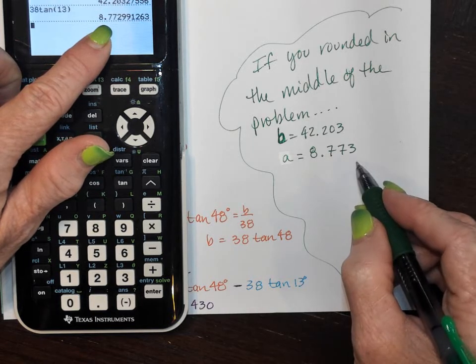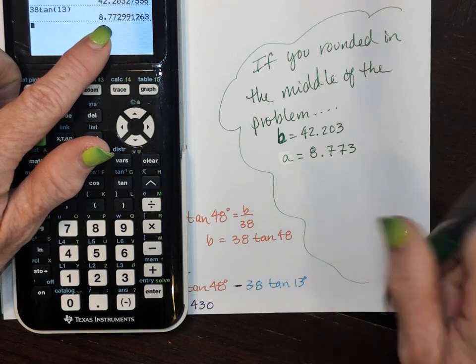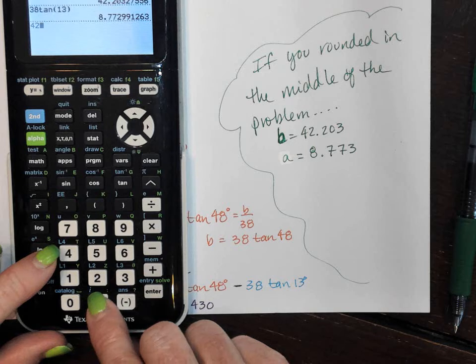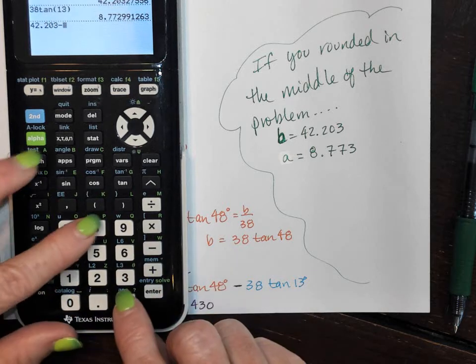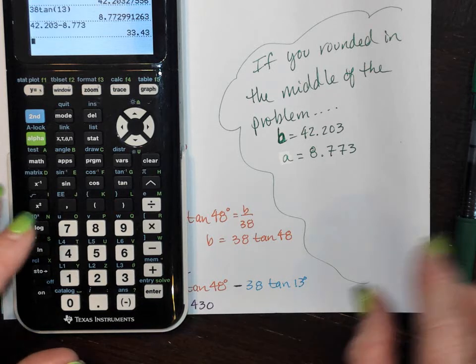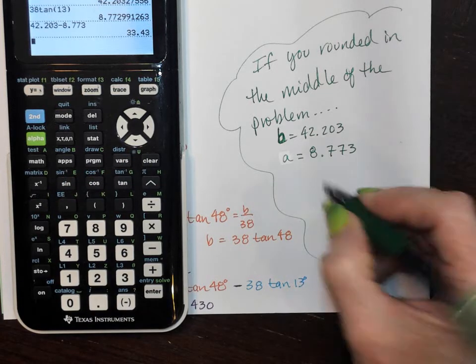And when you subtract, bummer, I think it ends up being the same thing. 42.203 minus 8.773, 33.43. Oh, it does come out to be the same thing. Bummer.